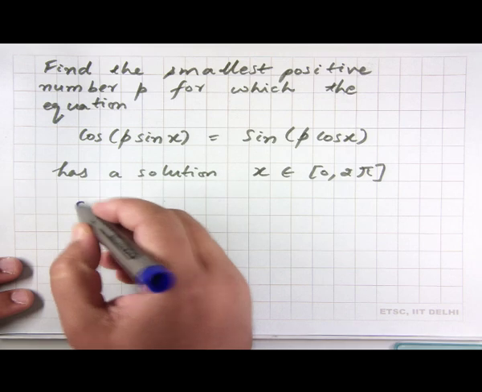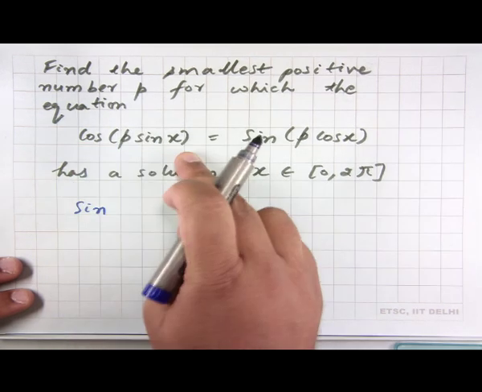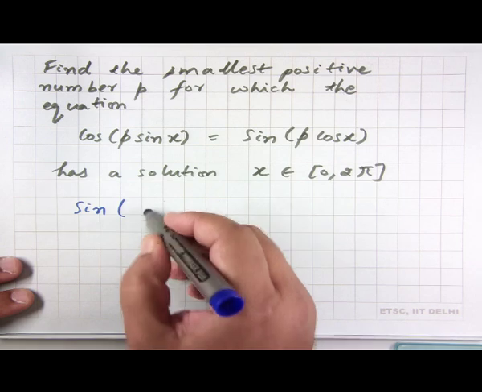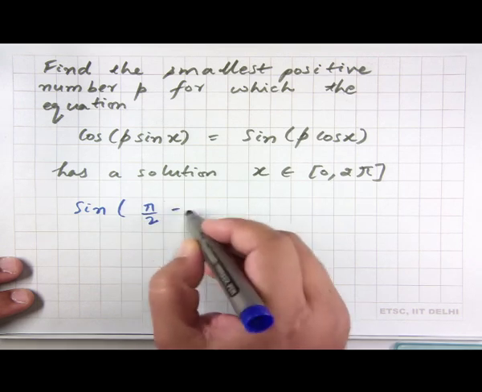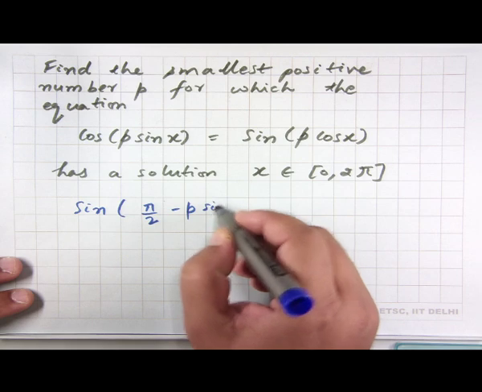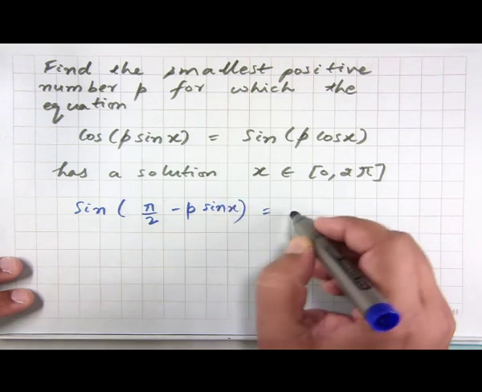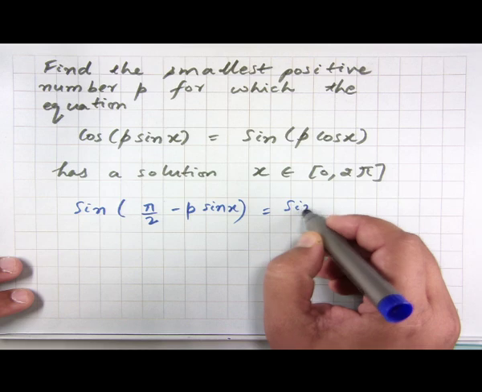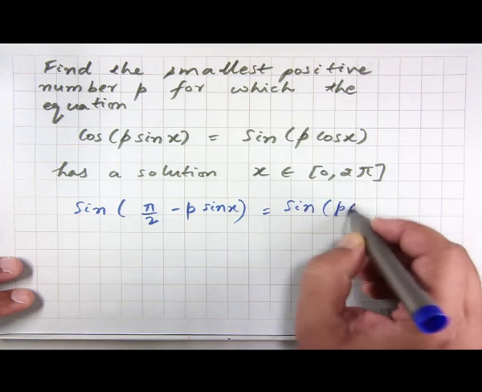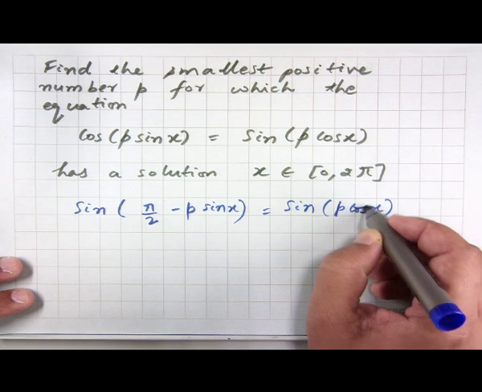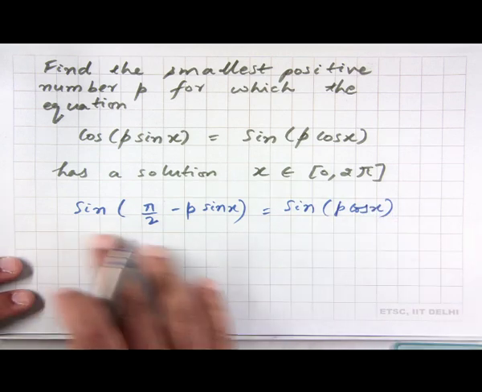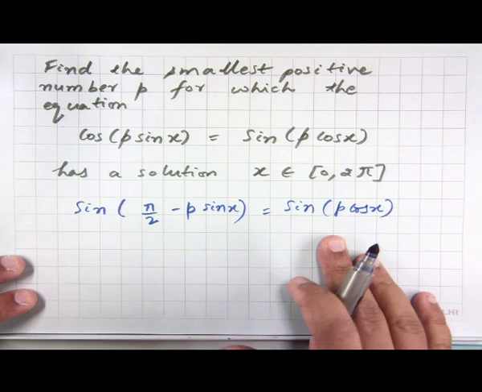So, we write this left hand side as sin of (pi by 2 minus p sin x) equals sin of (p cos x), and this is again of the form sin x equal to sin y.